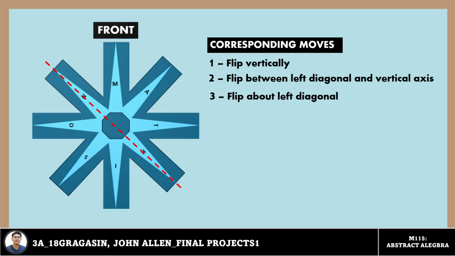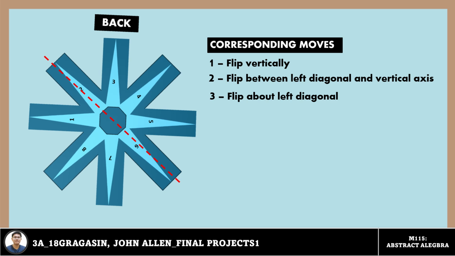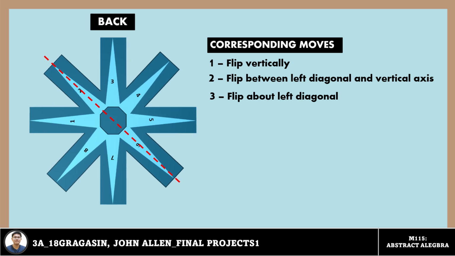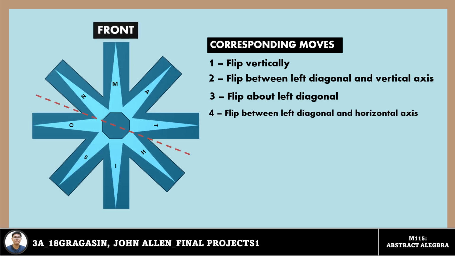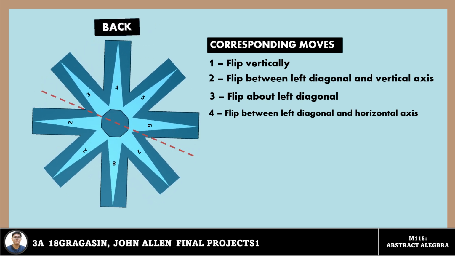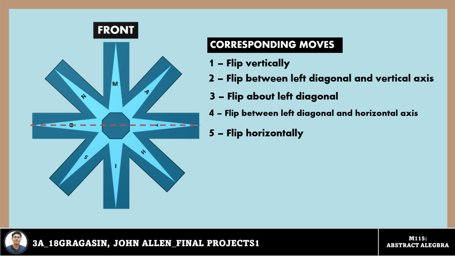For element 3, we will be needing to flip about left diagonal. And for the element 4, we will be flipping between left diagonal and horizontal axis. And the move goes like this. For our element 5, we will be needing to flip horizontally.